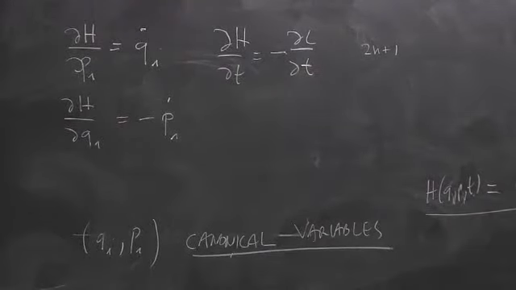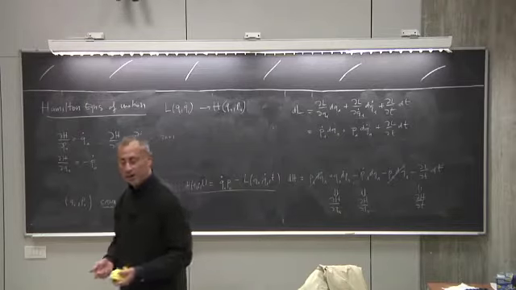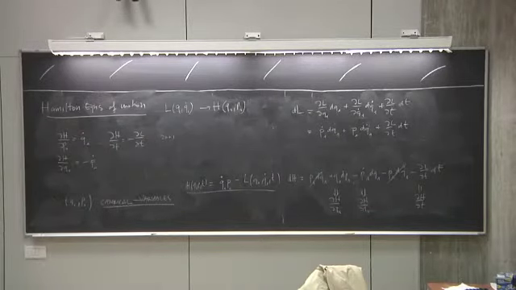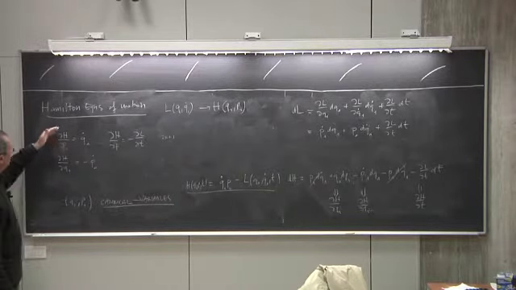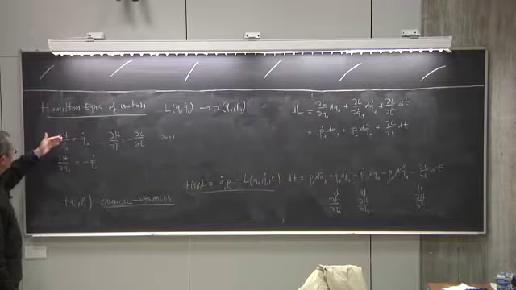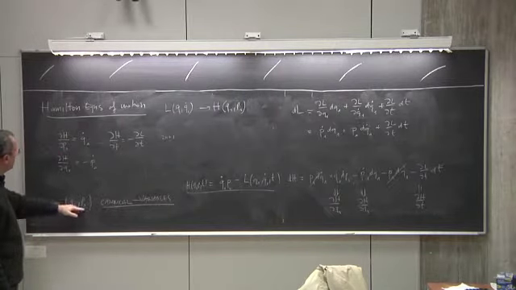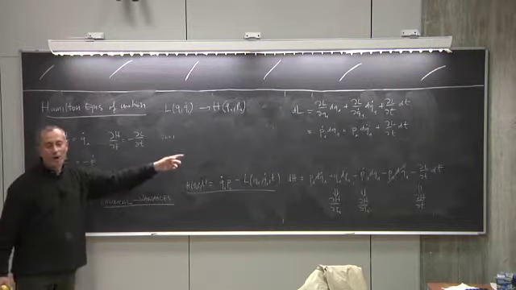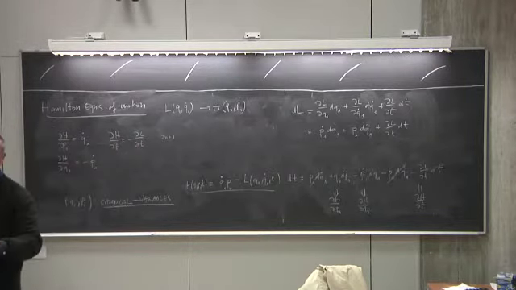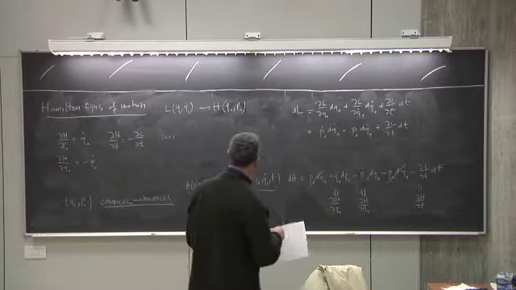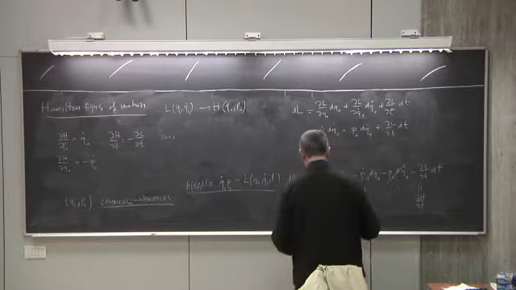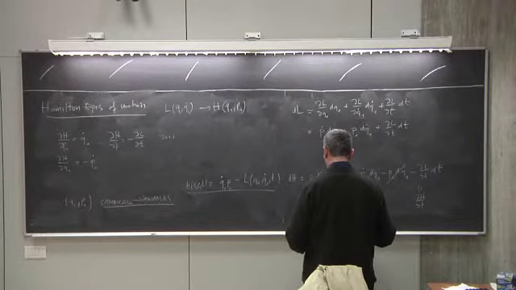So this is a new way to try and solve a mechanical problem. Instead of writing the Lagrangian, you write the Hamiltonian. Once you have the Hamiltonian, that is a function of q_i, p_i, you take these partial derivatives, you get a set of 2n plus 1 equations, and you solve those. So how do you write the Hamiltonian? Well, one way is just to go through this definition, but often it is not the fastest way.